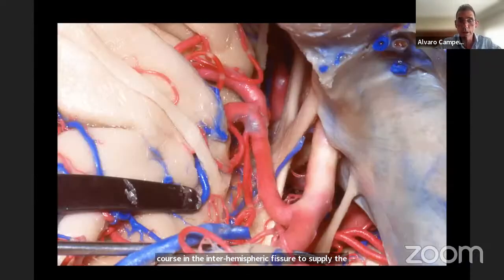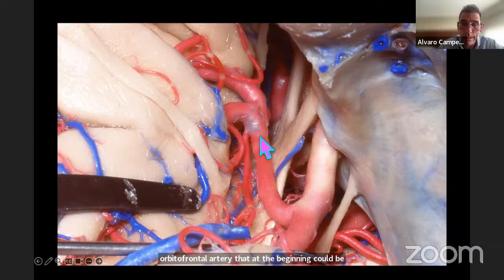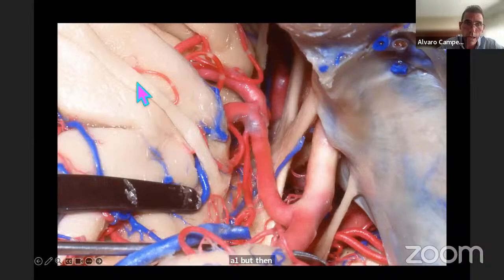lobes. So here we can see very well the difference between the recurrent artery of Heuner that travels parallel to the A1 and very close, from the orbitofrontal artery that at the beginning could be close to the recurrent artery and also to the A1, but then goes to the gyrus rectus and the olfactory tract.